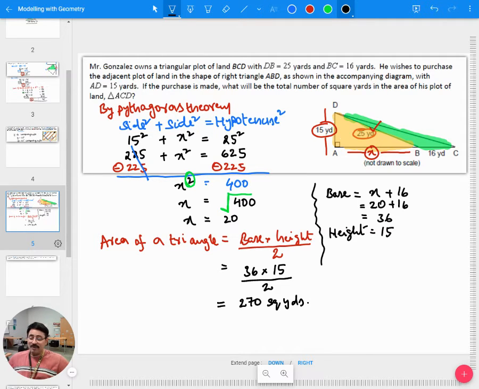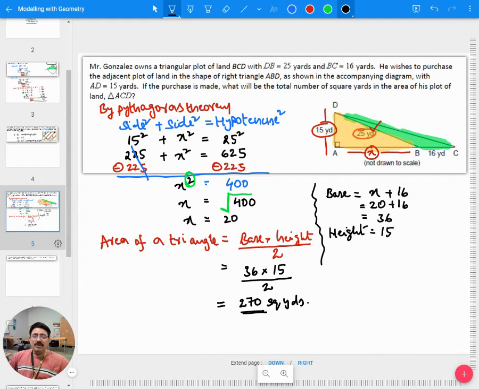We make use of calculator. Let me really quickly check on my calculator. It is 36 times 15 over 2. Yeah, 270. Okay. So that's the area.